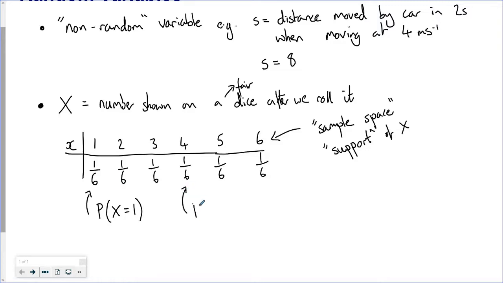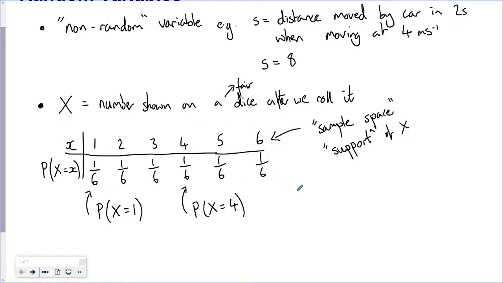Similarly, this is the probability that capital X is equal to 4, for example. So in this row, we've got the probability that capital X, our random variable, is equal to one of the specific values of x above. So we write this as the probability that X is equal to each specific value of x. And as we move along the table, this value of little x changes. So this is how we write this.